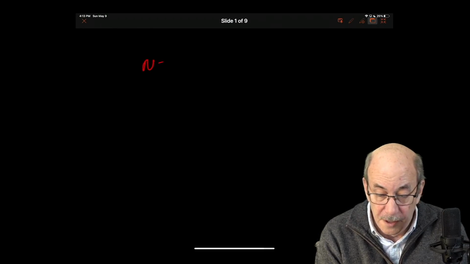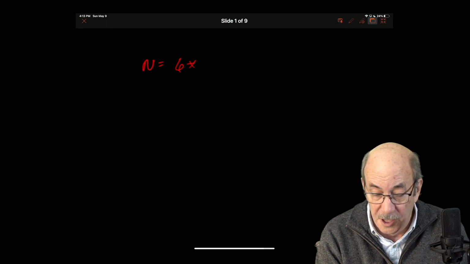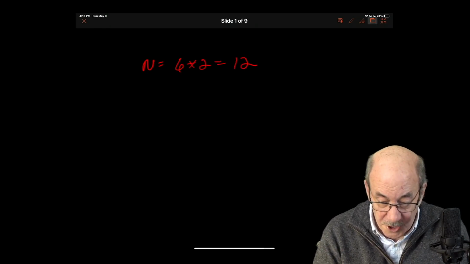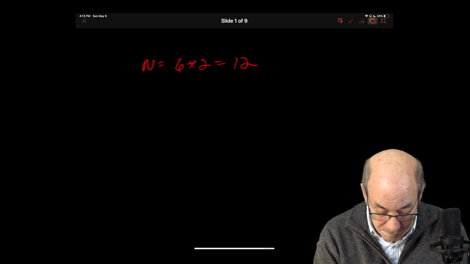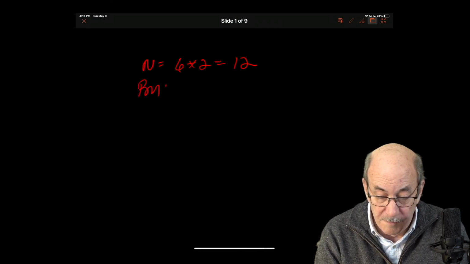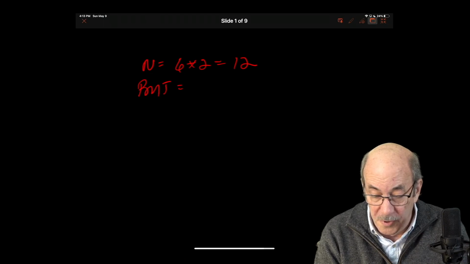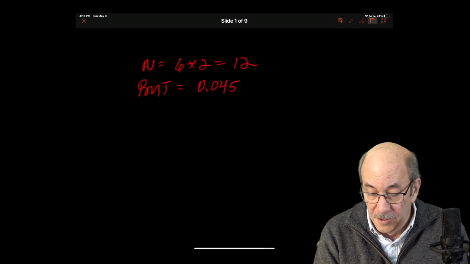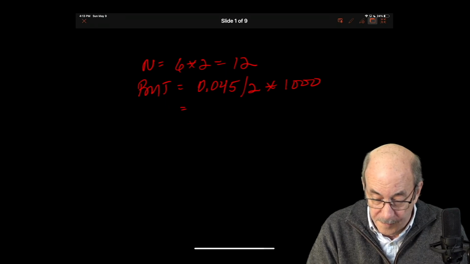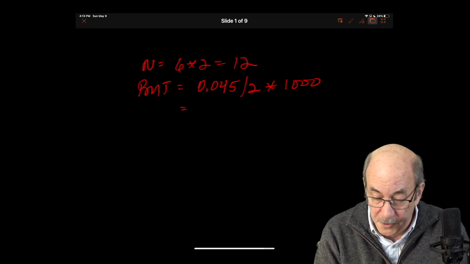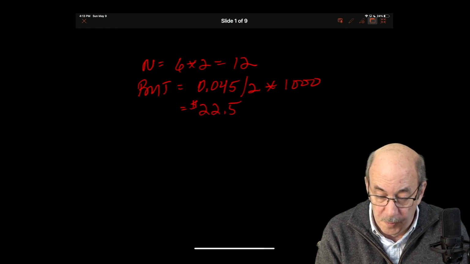my n is going to be 6 times 2, because I'm dealing with a semi-annual bond. My payment is going to be 0.045 divided by 2 times $1,000, which is going to be $22.50 per period.